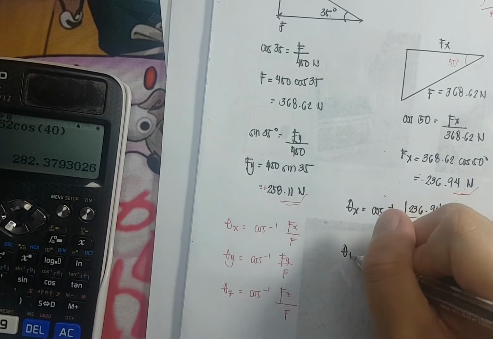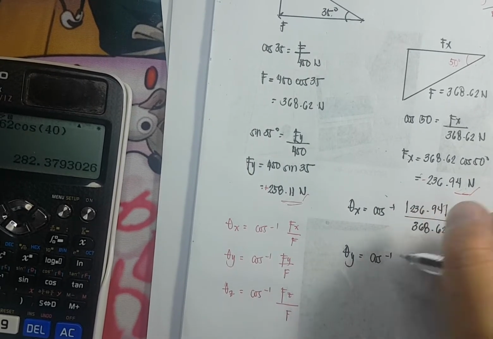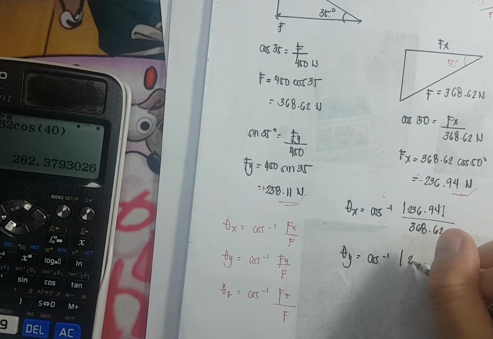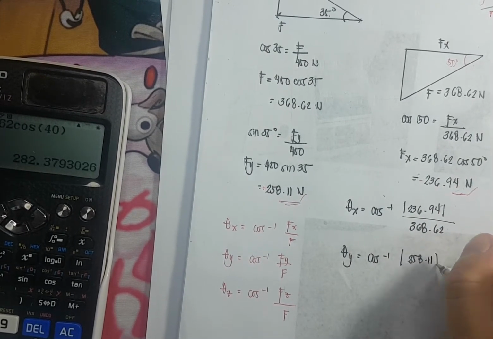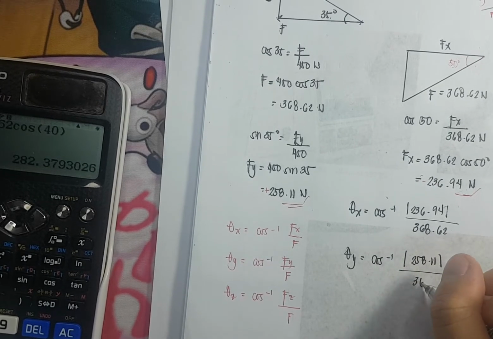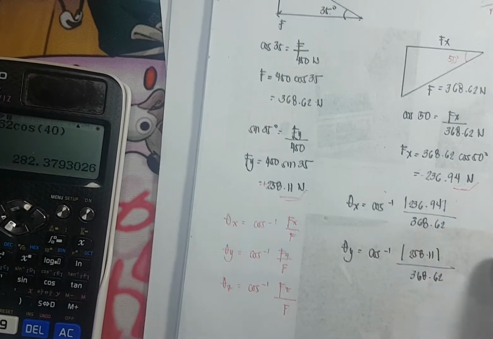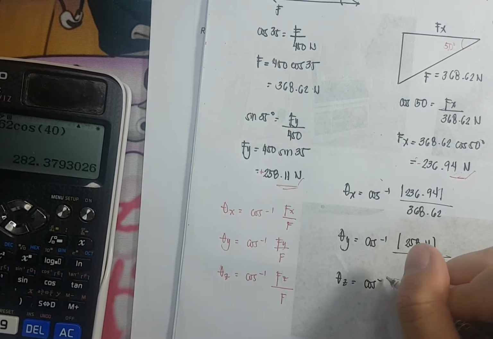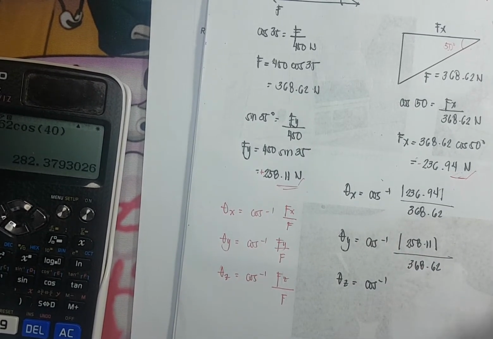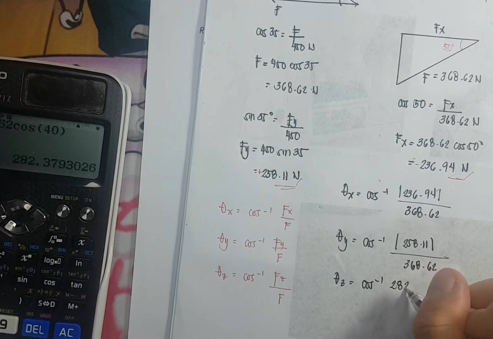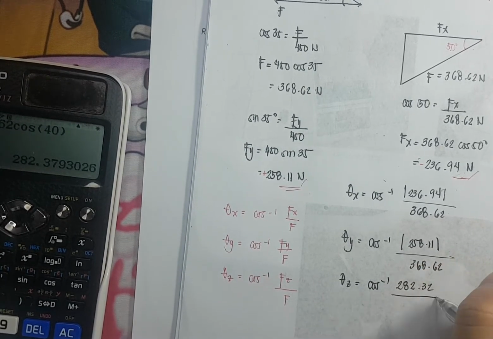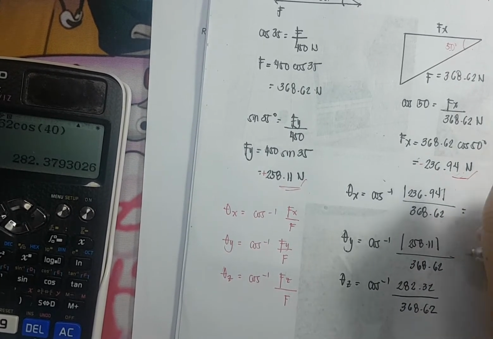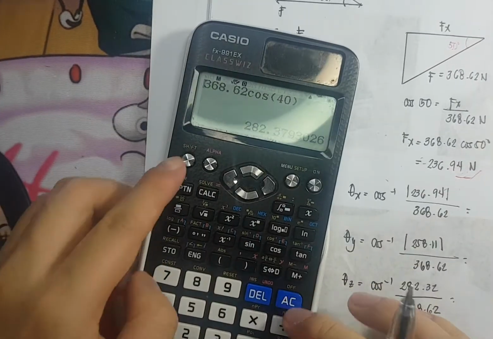Next, theta y is equivalent to arc cosine 258.11 divided by 368.62. And lastly, theta z is equivalent to arc cosine of 282.32 divided by 368.62.